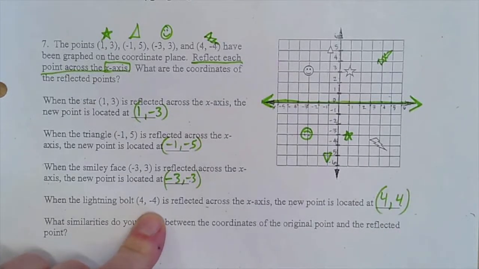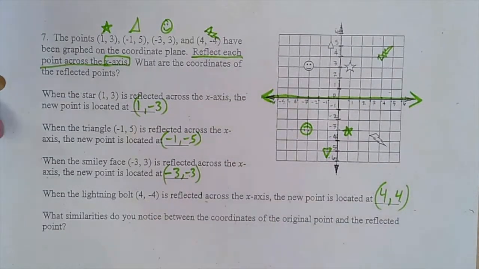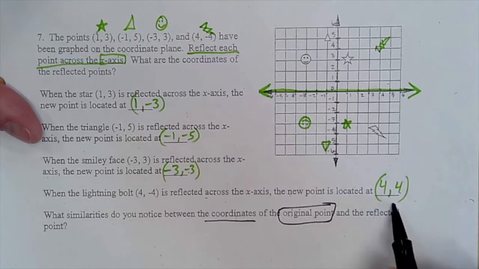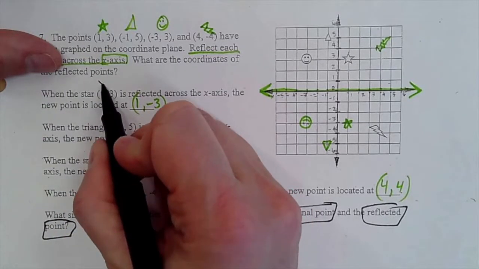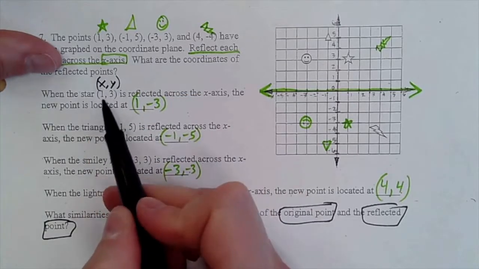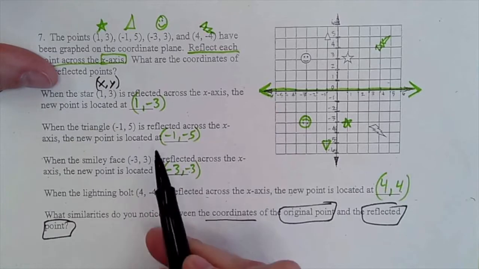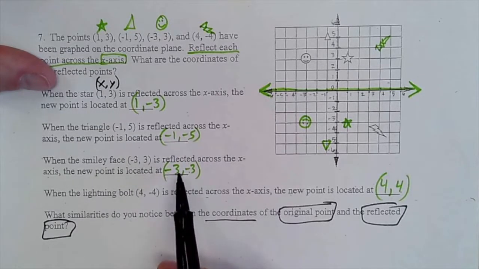So what do you notice about the original coordinates and then the new coordinates? That's what they're asking, the similarities between the coordinates of the original point and the reflected point. What you're going to notice is (x, y): (1, 3) becomes (1, -3). (-1, 5) becomes (-1, -5). (-3, 3) becomes (-3, -3).